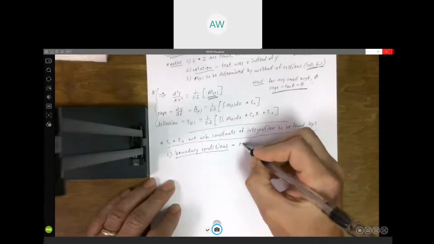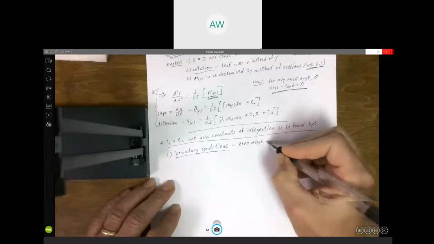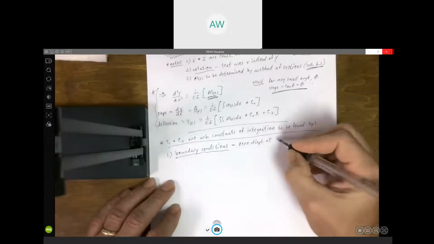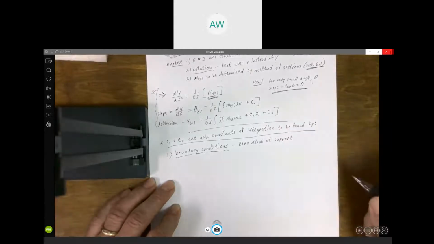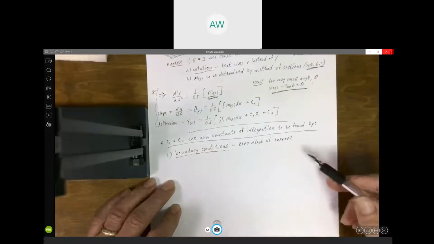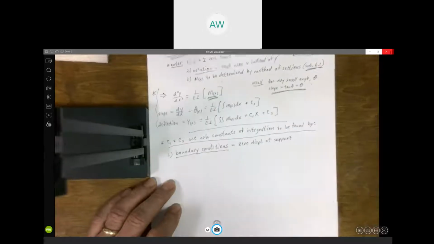We're going to have zero displacement at a support. So it doesn't matter if it's a pin support, roller support, fixed support. Right? It keeps it from moving up and down. We know the displacement, y, is going to be 0 at that, whatever x value is.